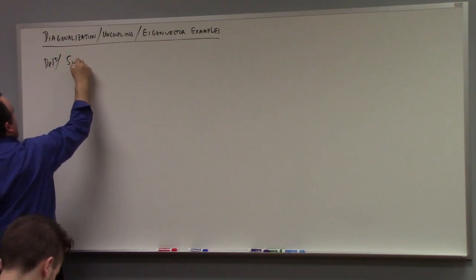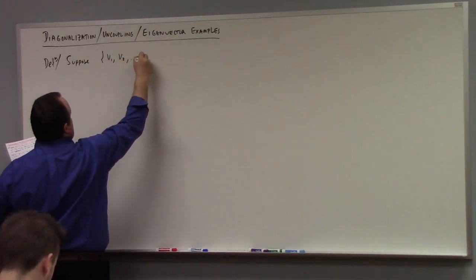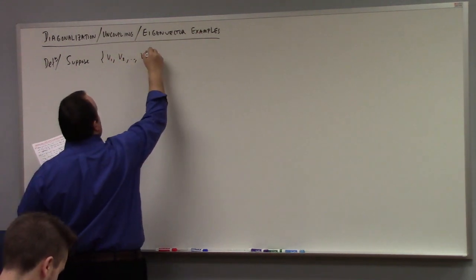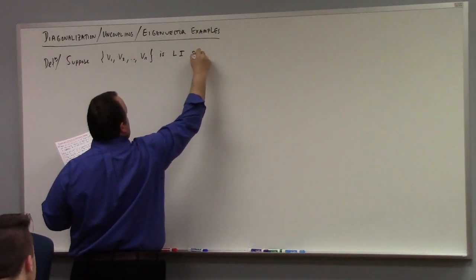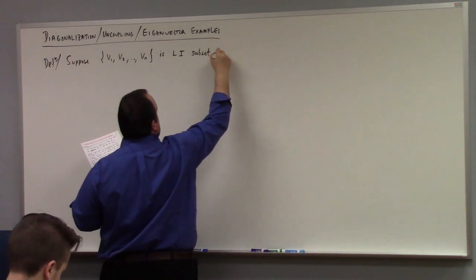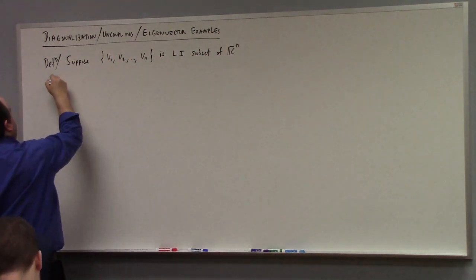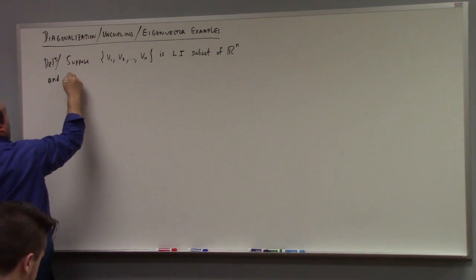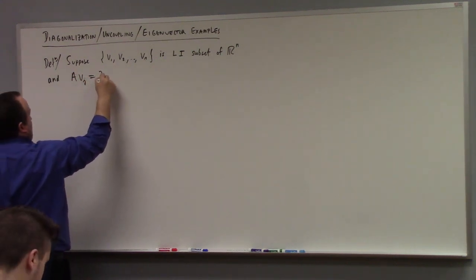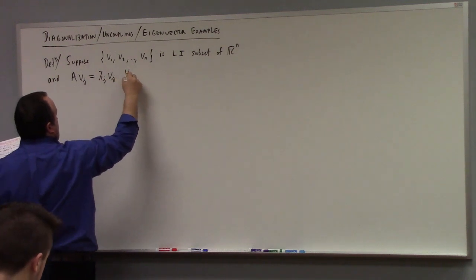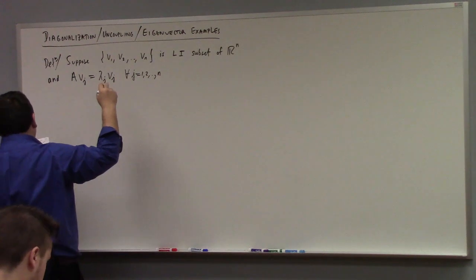Suppose v1, v2, all through vn is a linearly independent subset of Rn, and A vj is equal to lambda j vj for all j = 1, 2, ..., n.